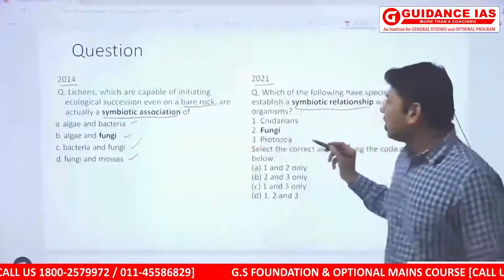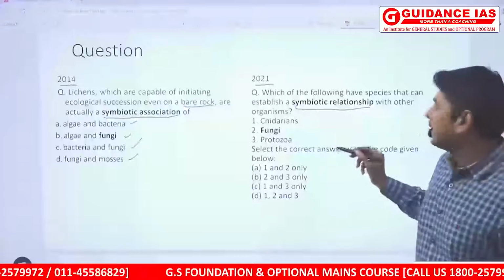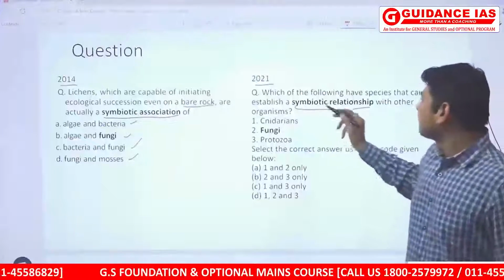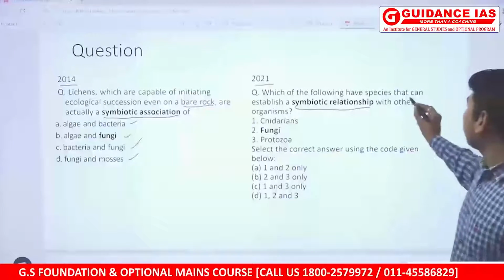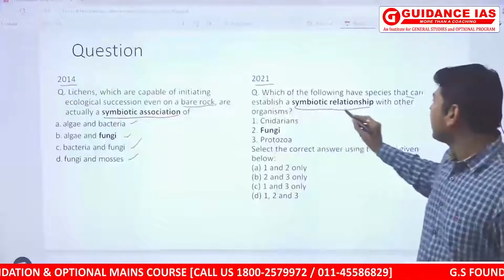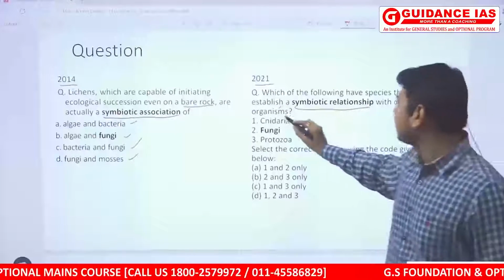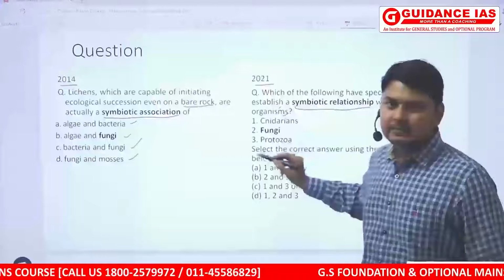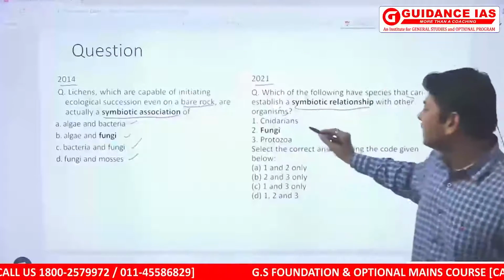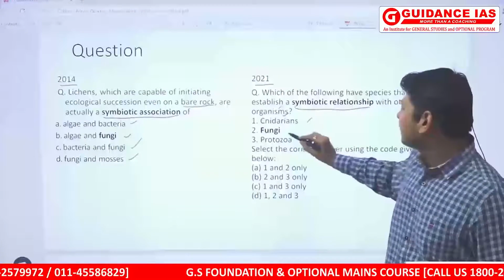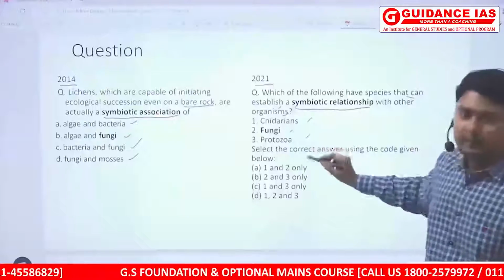Now in 2021, there is one question: which of the following have species that can establish symbiotic relationships with other organisms? Options are cnidarians, fungi, and protozoa.